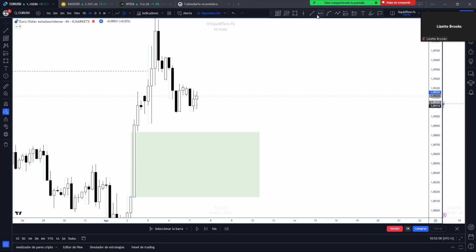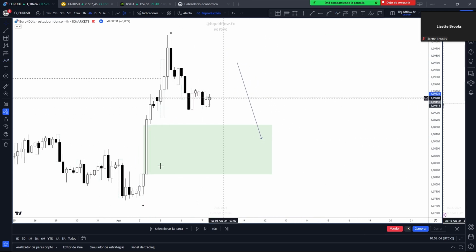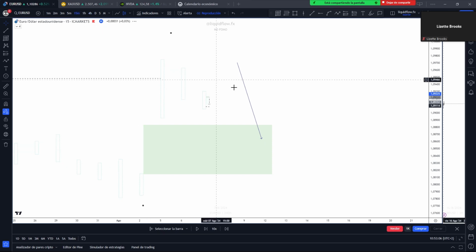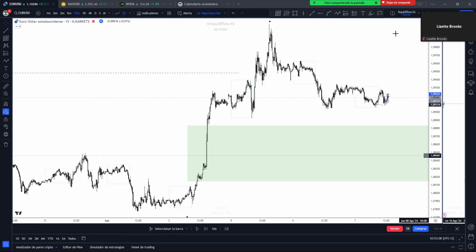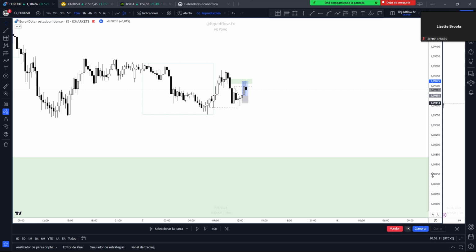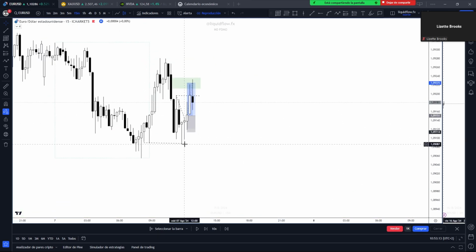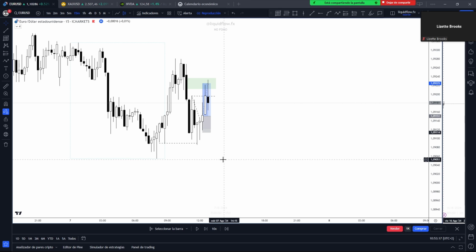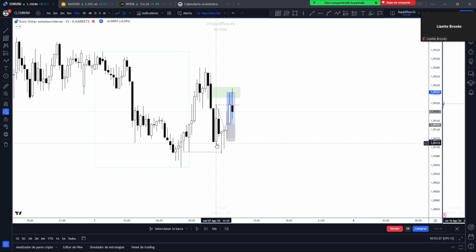That's my 4 hour bias. Then in 15 minutes I go against. But I know after I sweep the 15 minutes liquidity, probably I will have some kind of reaction. Until where? Until the next liquidity.